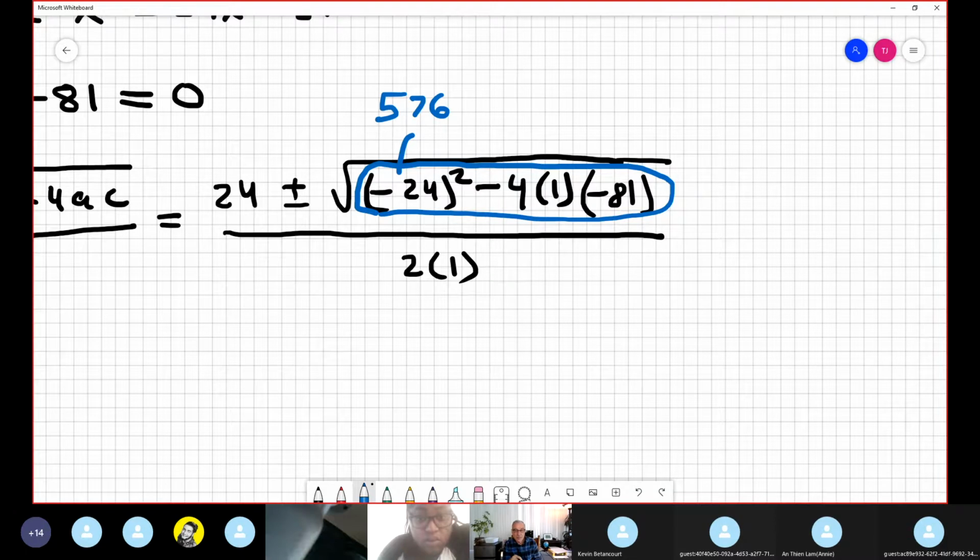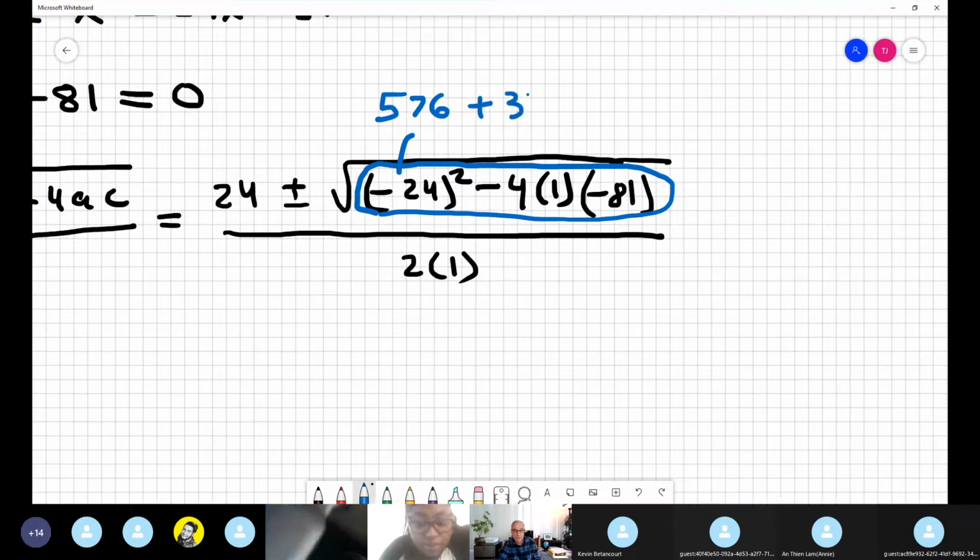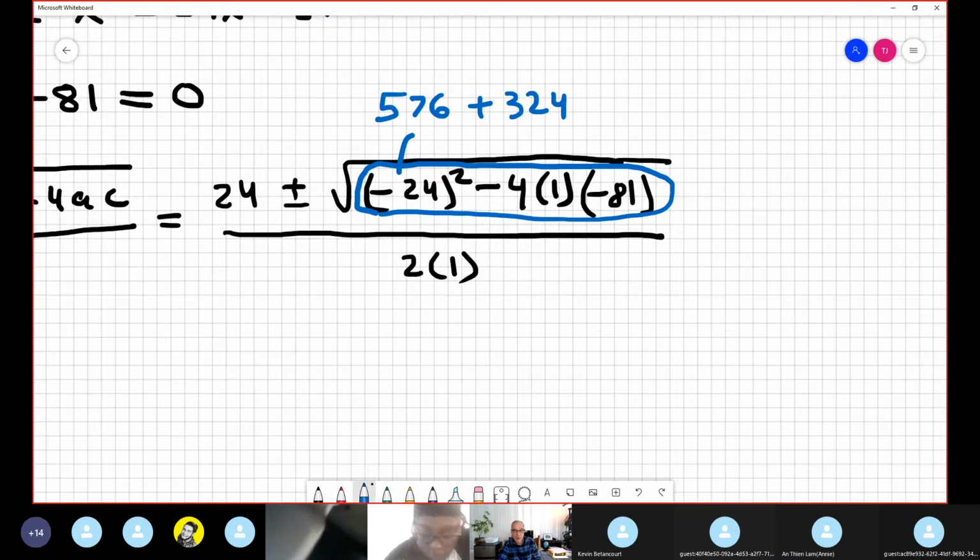Nobody help me? It's 324. Positive or negative? Positive. Exactly, because of the double negative. Now adding both, is that 900? And the square root of 900?